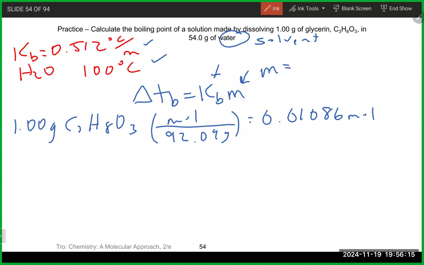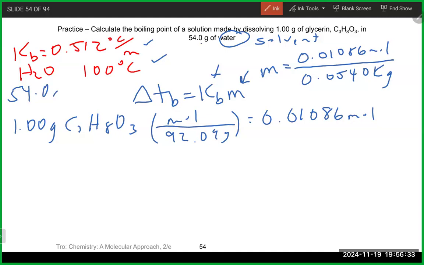We want to calculate the molality. So that is moles, which is what we just got there, 0.01086, divided by kilograms of solvent, which is 0.054 kilograms. That comes from our 54 grams of water converted into kilograms.